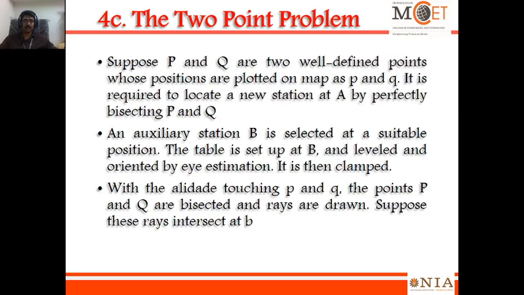That is, approximately the map is parallel to the ground line PQ, right? Approximately by eye, it is clamped. With the alidade touching p and q, the points P and Q are bisected and rays are drawn. Suppose these rays intersect at B.